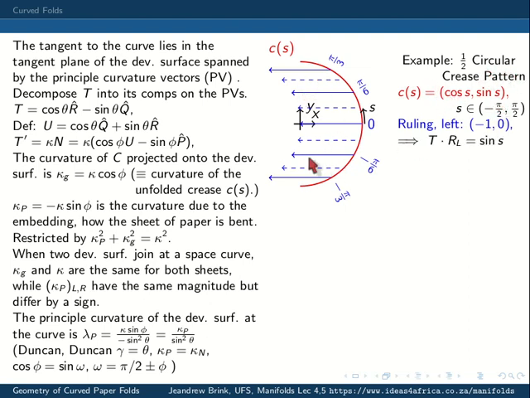There's our ruling. Now we can start identifying what our tangent vector to the curve dotted with a ruling is, just in the plane, but that statement is only true in the plane.